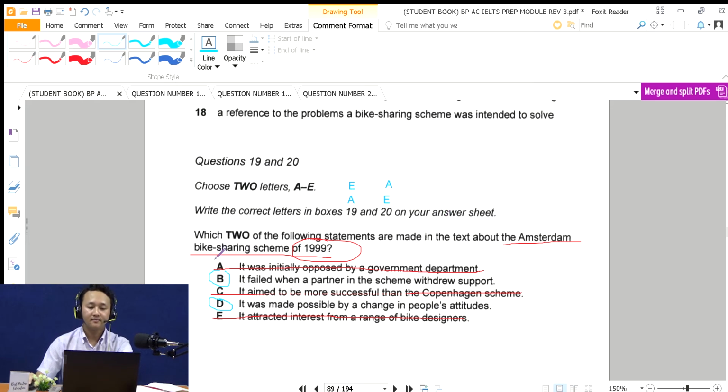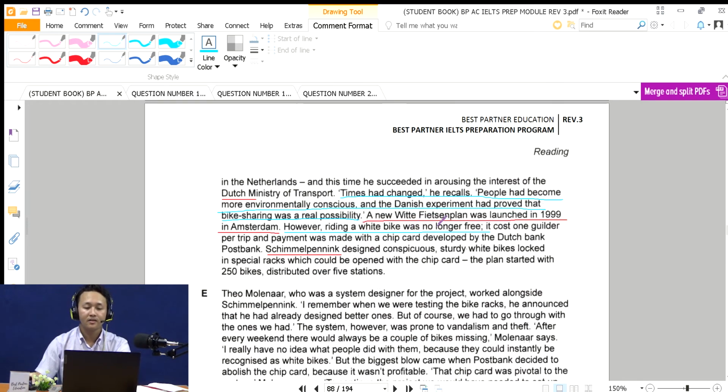Remember, understand the information. Okay, I need to find the information about the Amsterdam bike sharing scheme of 1999. Then go to the text, read the part surrounding the keywords like this. Understand the information in here first, okay? Because if you go to the options, you will be more confused.